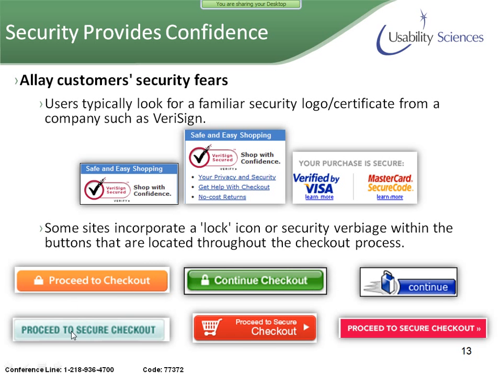And then these bottom three examples actually say proceed to secure checkout. So these different sites here are doing what they can to really communicate to their users that we are taking your privacy into account, and we want to make sure that you get through this confidently and that you feel safe and comfortable with providing us with your personal information.